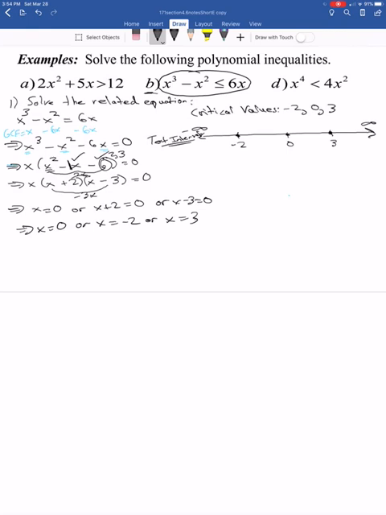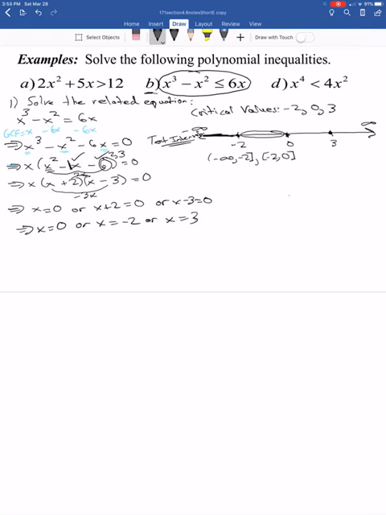And since we had a less than or equal to problem, we know that when we plug in these numbers, this is when it equals 0. So we're going to be including these zeros in our solution set. As we do that, one of our possible intervals, we can shade it in, is all the x values that are less than or equal to negative 2. Then we have the interval greater than or equal to negative 2 and less than or equal to 0, where we need to test all those x values.